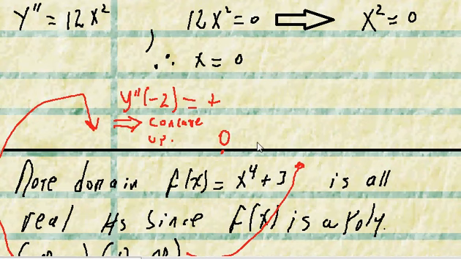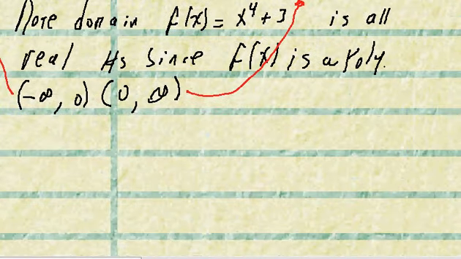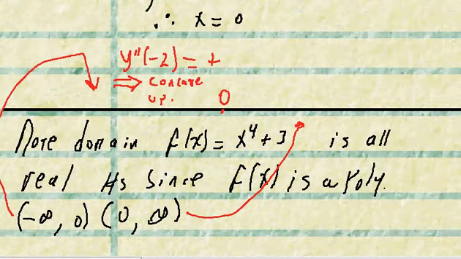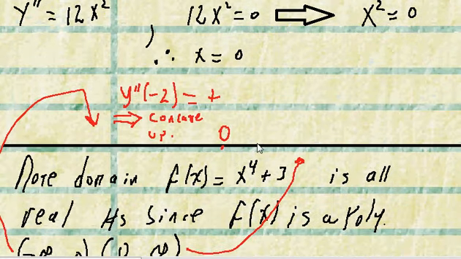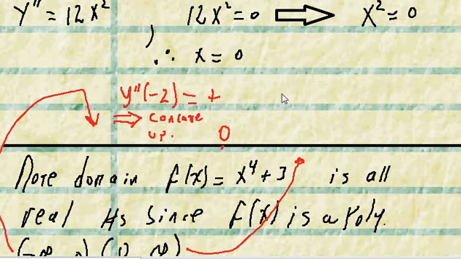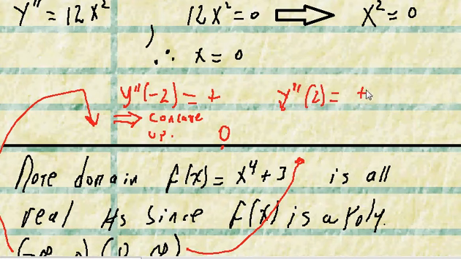Now I have to do the same for the interval between 0 and infinity. I can choose any value. I can choose the number 3, I can choose the number 2, and so on. I cannot choose the number 0, so of course I'm going to choose the number 2. So y double prime of the number 2 is again equal to a positive number.